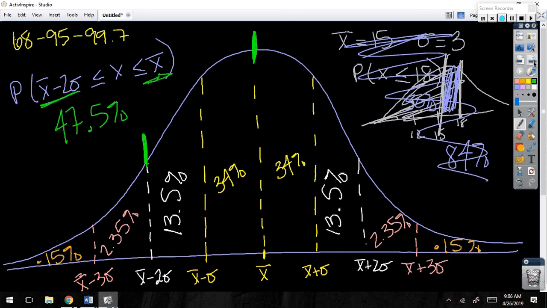Okay. Let me set you up a real life problem real quick and then I'll move on. Let's say I graded your last chapter test and I found that they were normally distributed.